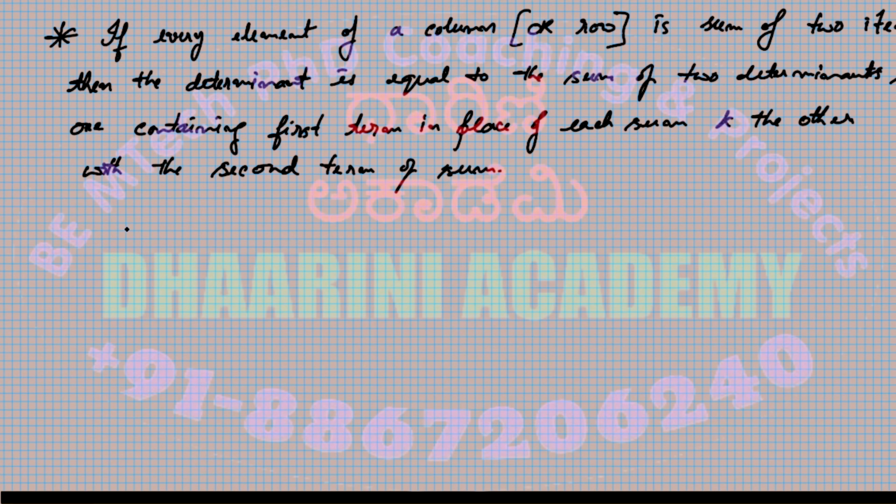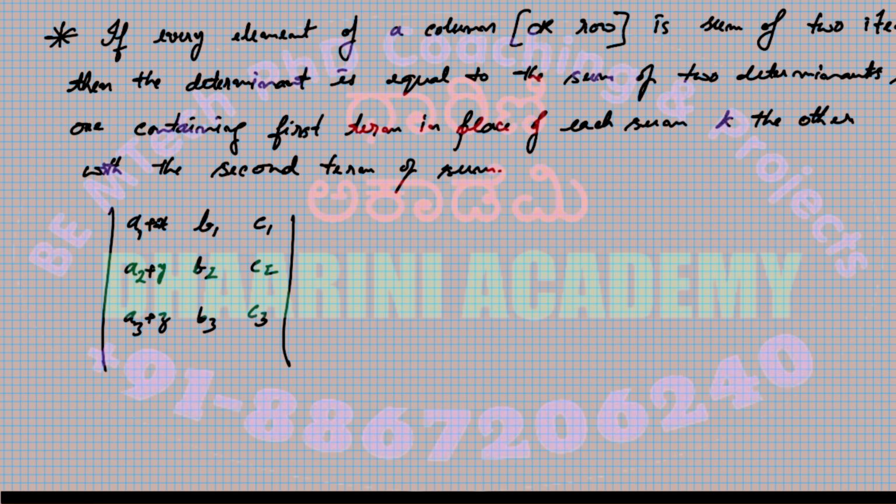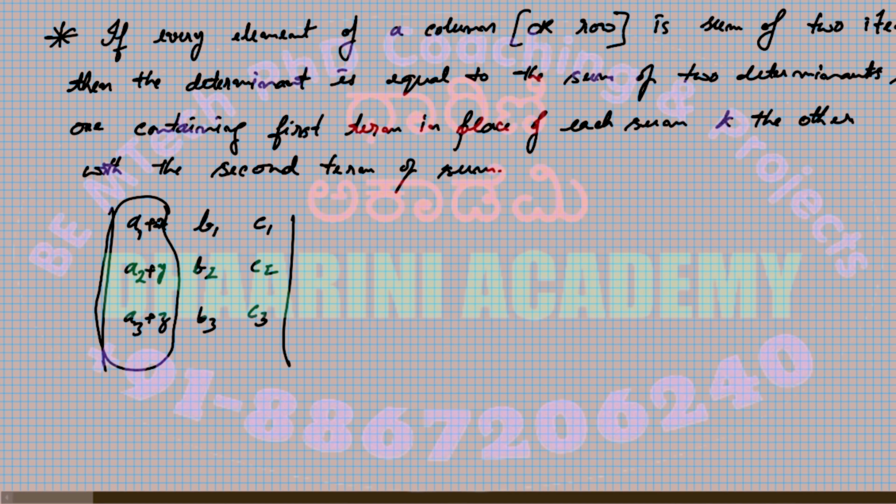Now let us say we have a1 plus x, b1, c1; a2 plus y, b2, c2; a3 plus z, b3, c3. So you see, read the statement: if every element of a column or a row is the sum of two different items, right? You see the first column is the sum of two different items, right?